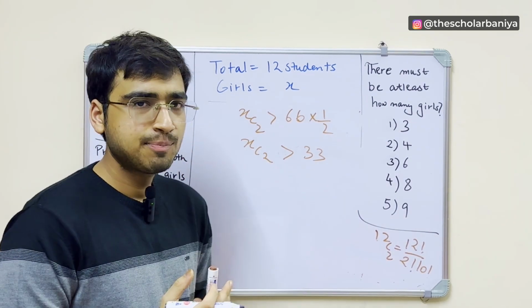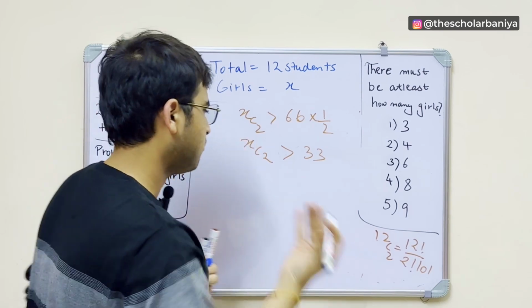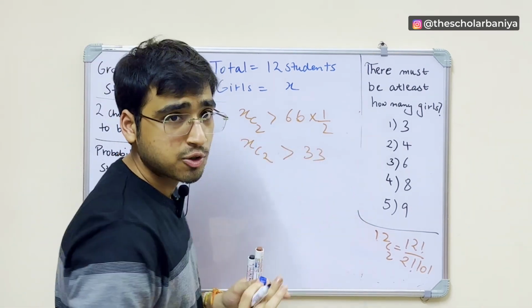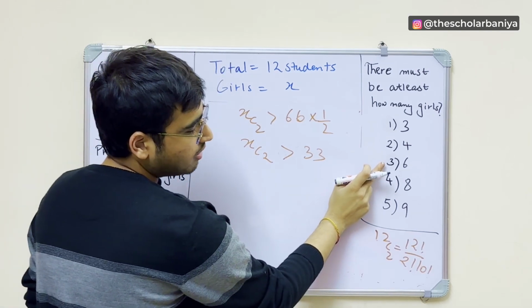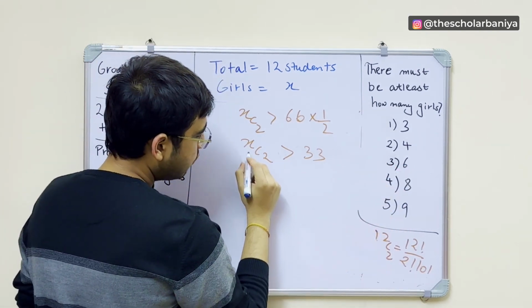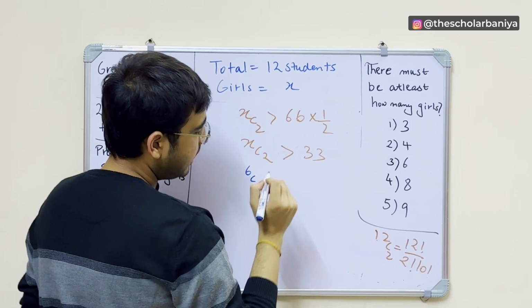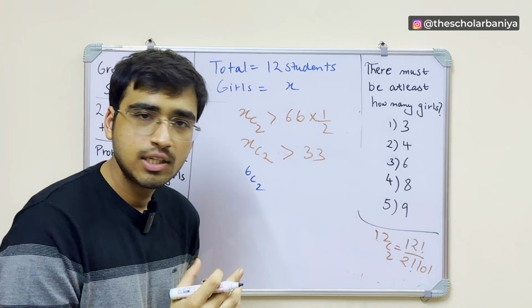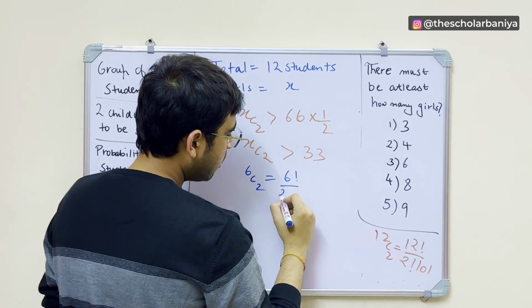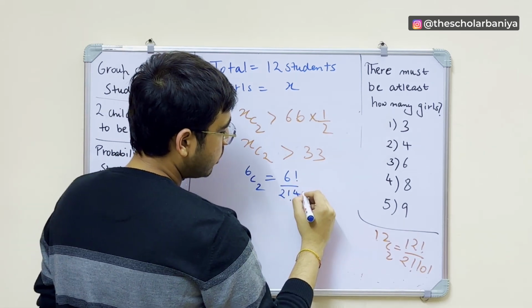For example, let's put x is equal to 7, for example, right? Or actually we have all these four options over here, right? Let's put x is equal to 6. Let's put 6 over here. So we get 6C2, right? Now tell me one thing, what is 6C2? 6C2 is 6 factorial upon 2 factorial, (6 minus 2), 4 factorial, right?